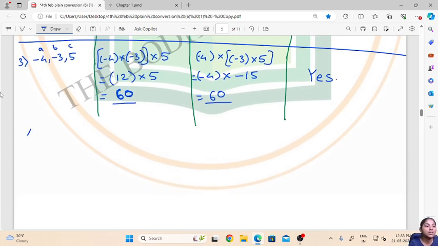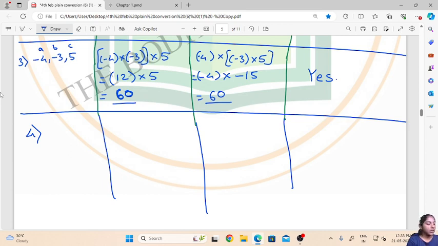Then we will see the last one, the fourth one. Here we have the three integers as -5, 0 and 12. Now let us see (a × b) × c and a × (b × c).